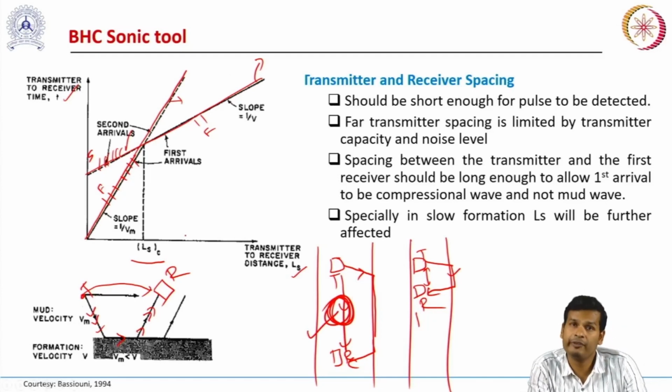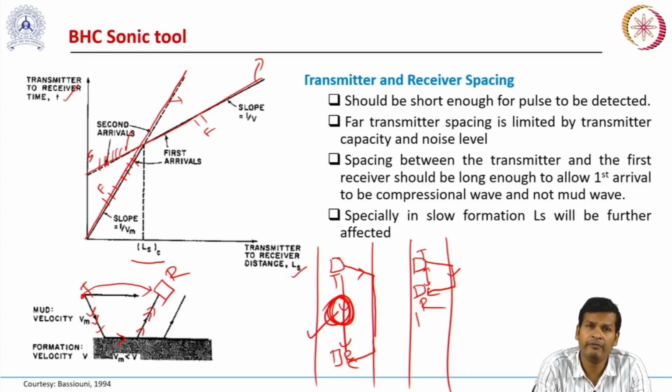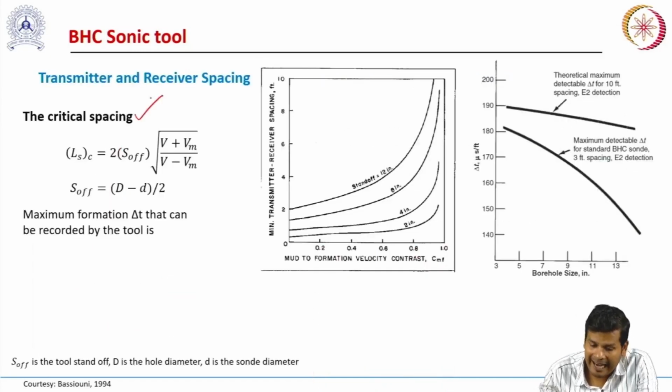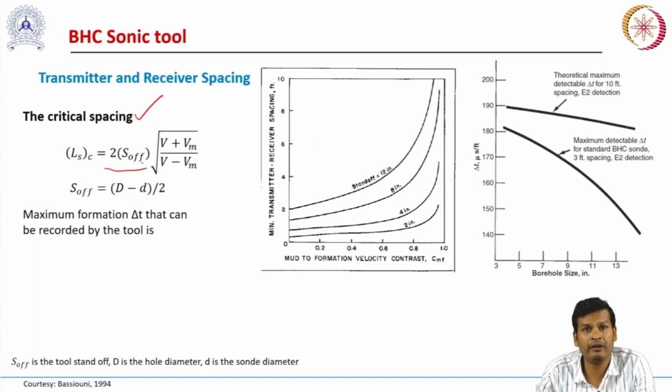So we must determine the critical spacing needed to ensure that the compressional wave is always the first arrival, depending upon the properties of our wellbore fluid and the formation. This can be derived in this way. The critical spacing can be given as 2 multiplied by the standoff, that is, the distance between the tool and the wellbore wall.